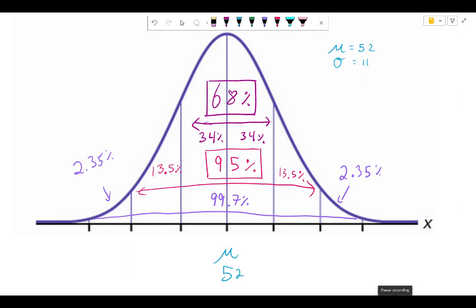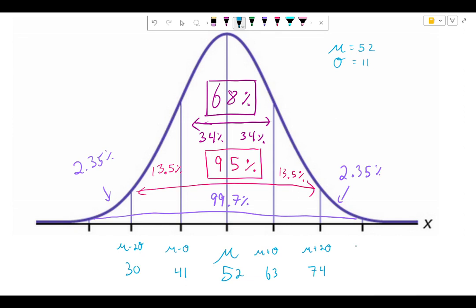We can draw in the mean of 52, add one standard deviation to give us 63, and subtract one standard deviation, giving us 41. Adding another 11 to 63 gives us 74, and 41 minus 11 is 30.